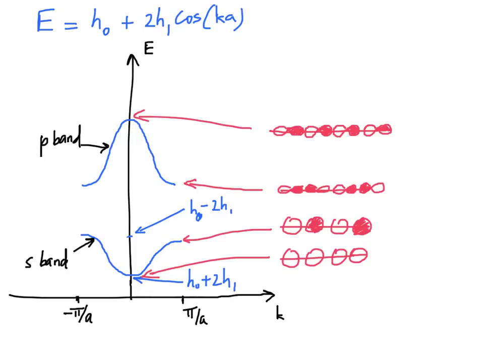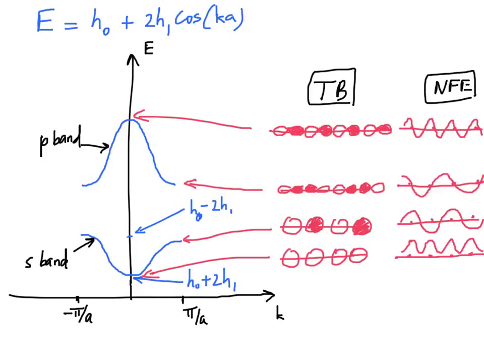Now, we did encounter a band structure plot like this in the previous lecture when we discussed the nearly free electron model, and if you recall, the wave functions were drawn a little bit differently in that case, but those wave functions can actually be correlated with the ones that I just drew over here.